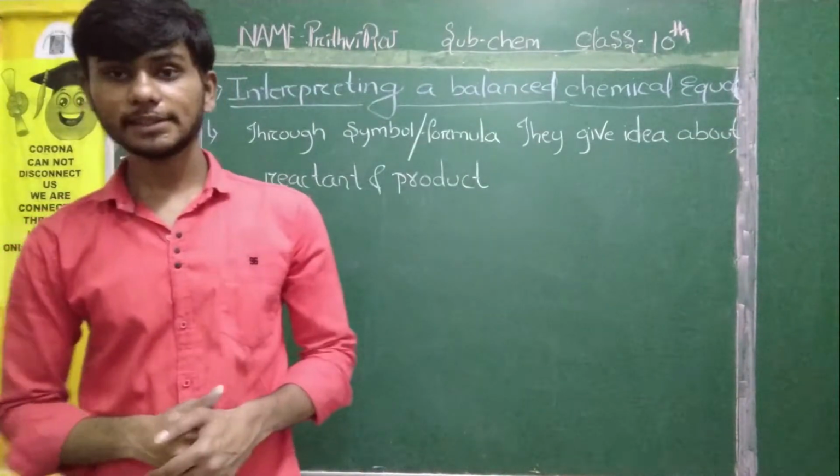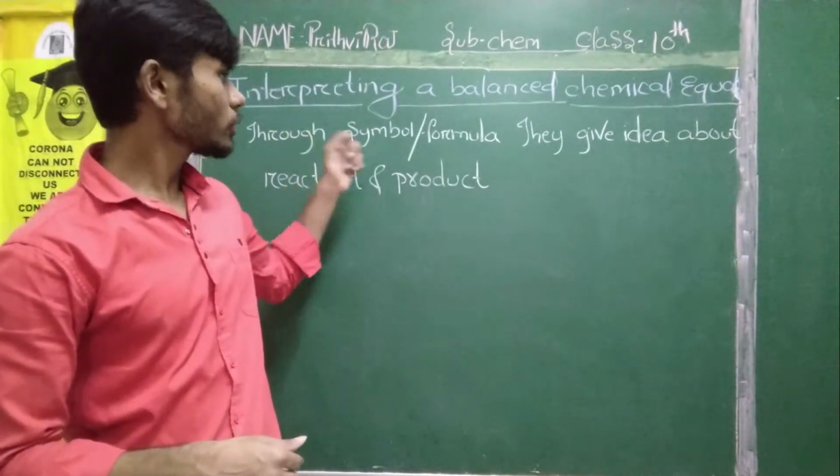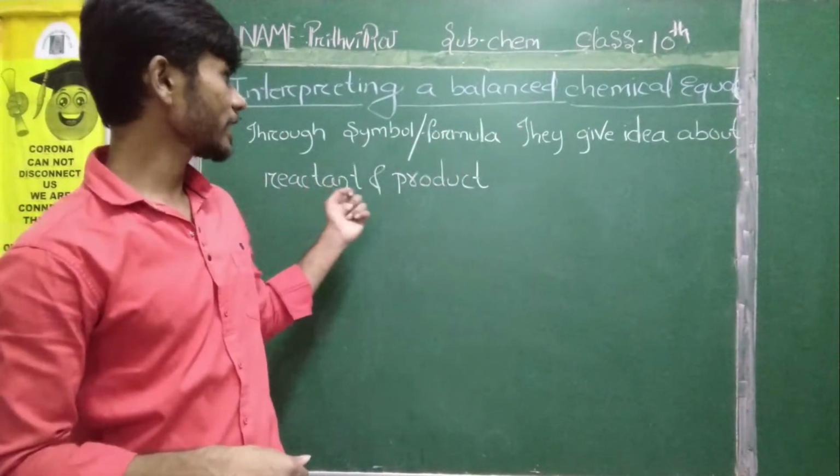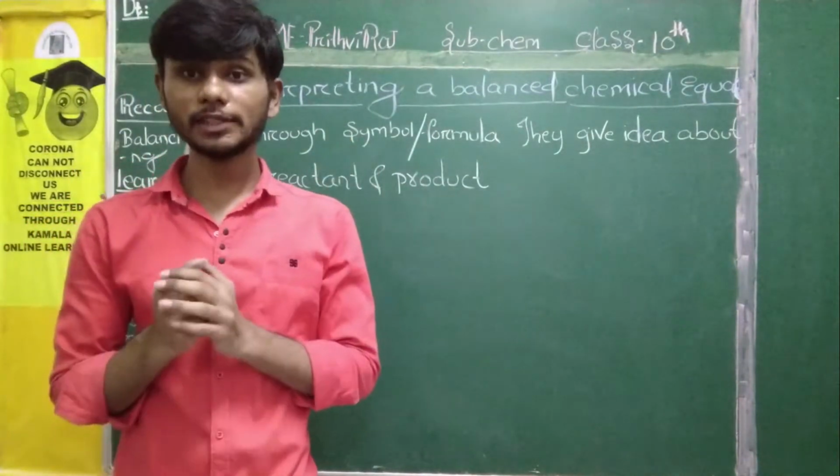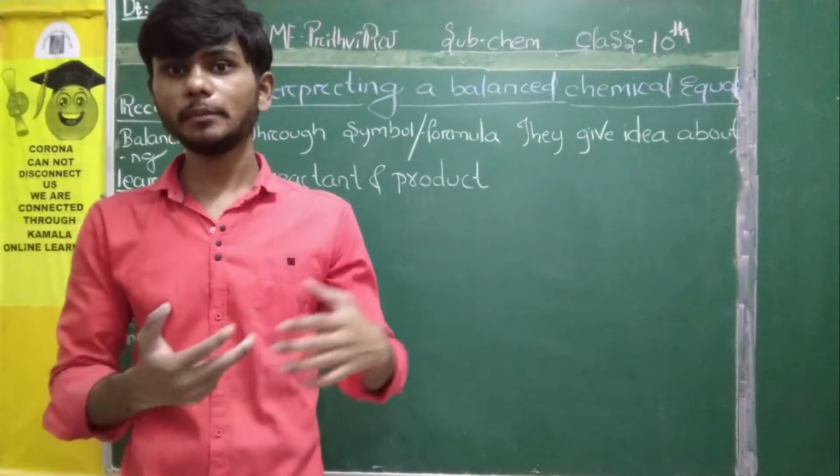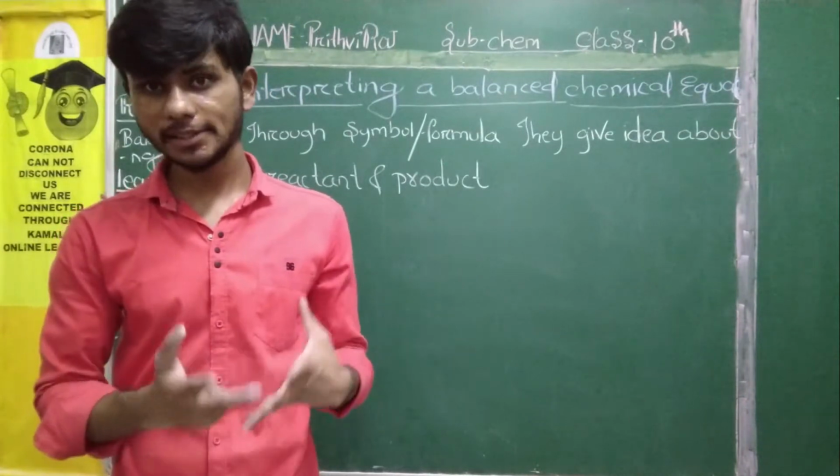I am saying, students, that through the symbol and formula they give an idea about reactants and products. A chemical equation gives us an idea about reactants used and products formed in a chemical reaction by symbol and formula.